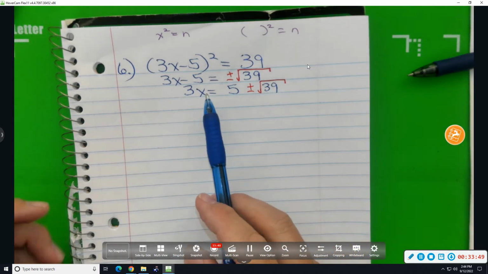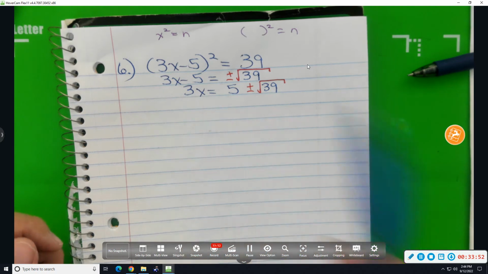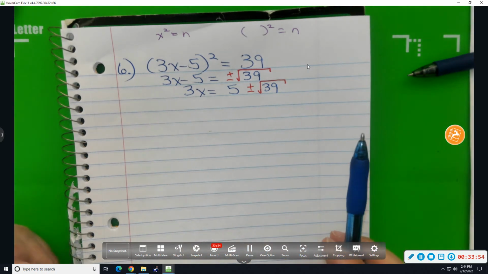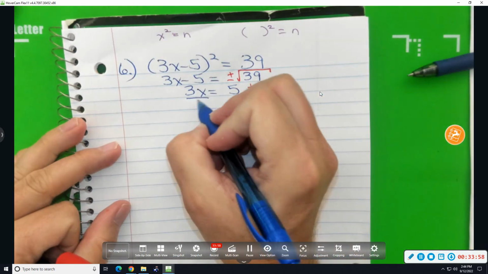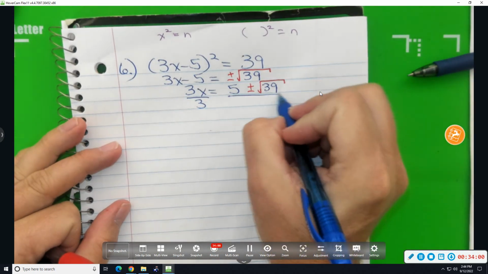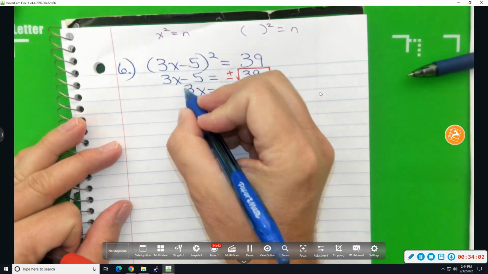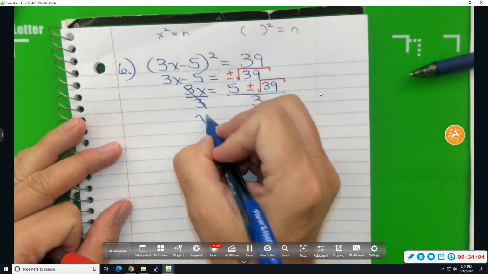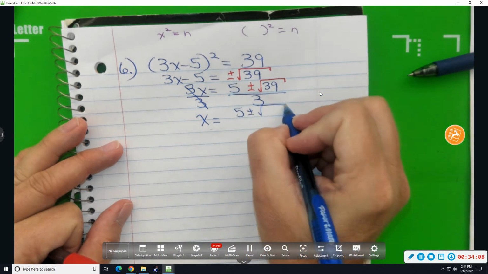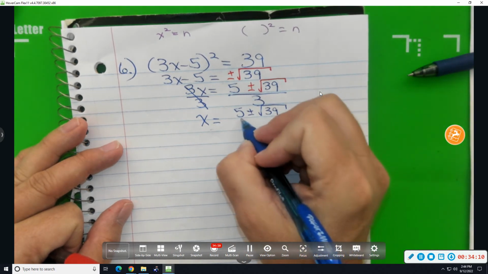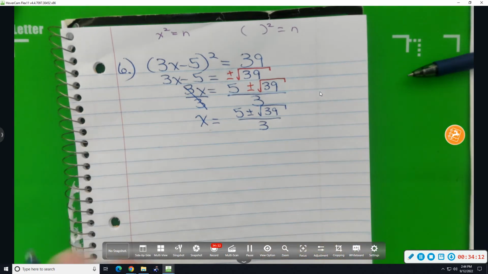Now, what are we going to do to get rid of that 3? 3 times x, we'll divide by 3. So that cancels, and we have x equals 5 plus or minus the square root of 39 all over 3.